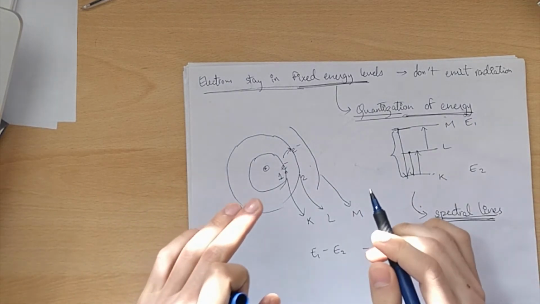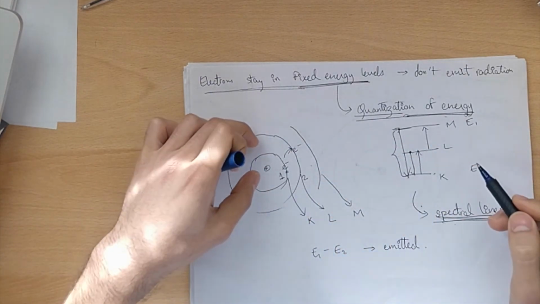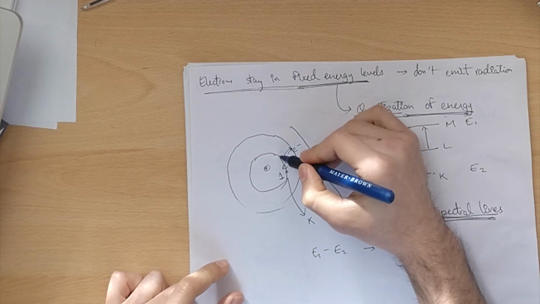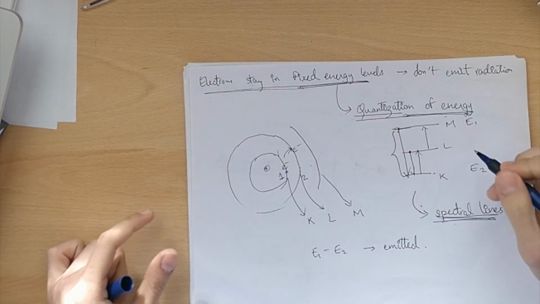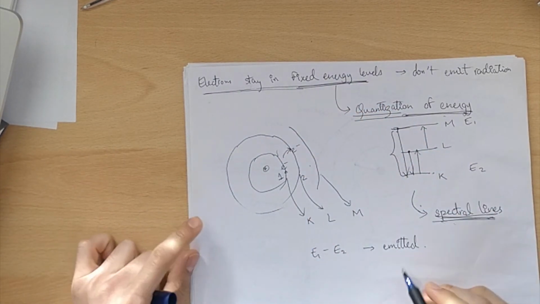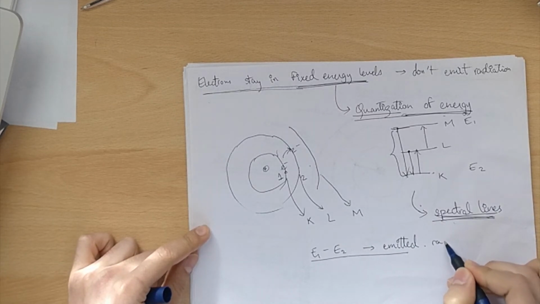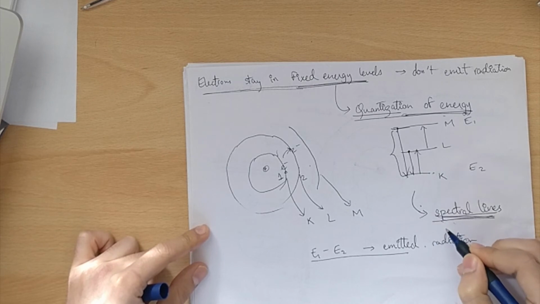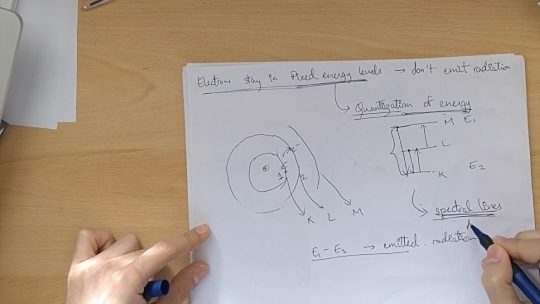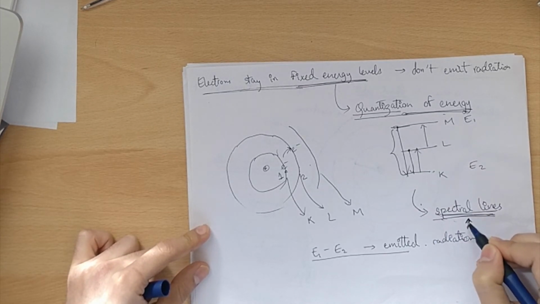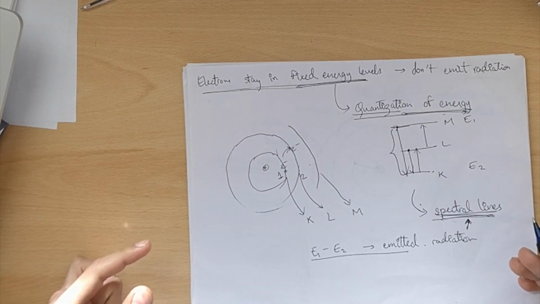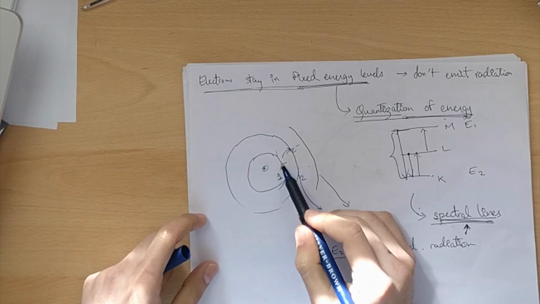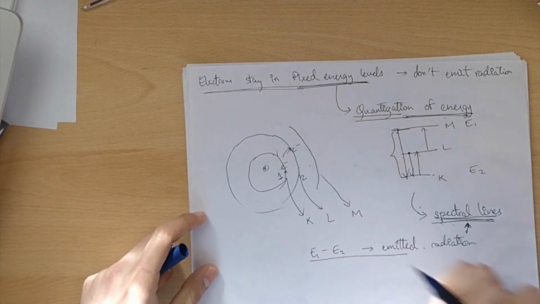So he said that electrons don't continuously emit radiation, but if an electron jumps from one shell to another shell, it emits the gap between the energies of the shells. And this emitted radiation was observed in the form of spectral lines. So they observed spectral lines, they thought, okay, what can cause these spectral lines? And Bohr explained it by considering electrons jumping from one shell to another.